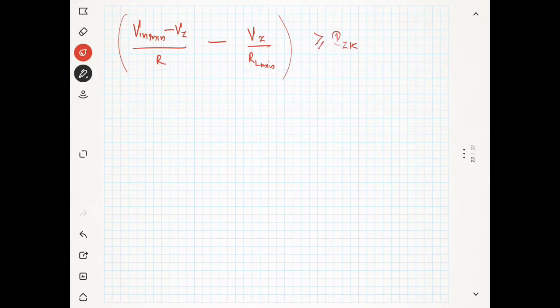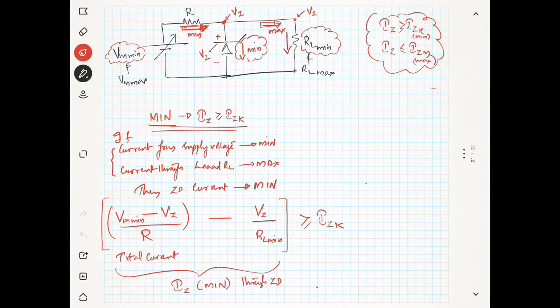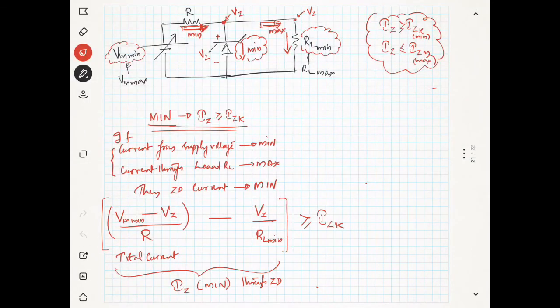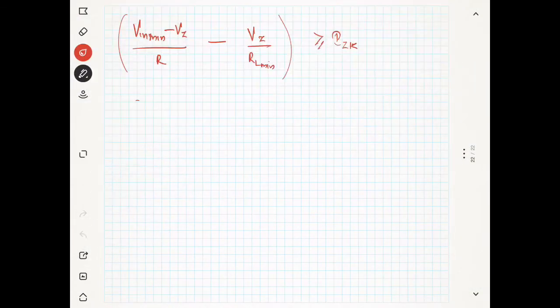So Vin minimum is given in the problem, it is nothing but 24. Okay, so 24 minus 15 over R, minus 15 over 1000, should be greater than 0.25 milliampere.